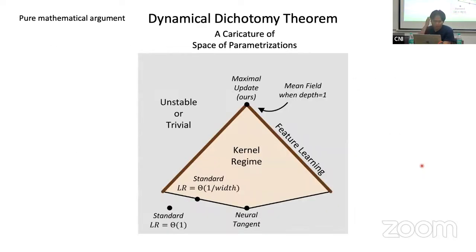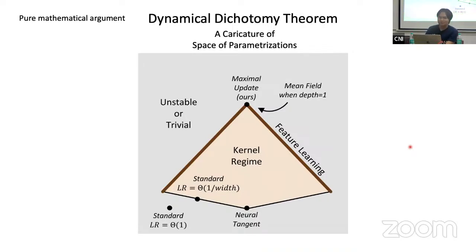The mathematical part is called the dynamical dichotomy theorem, and this is essentially a classification of all possible parameterizations and their infinite width limits. This is a very high dimensional space. For example, if you have L layers, the space is at least formed by initialization and learning rate for each layer, so that's 2 times L dimensions.